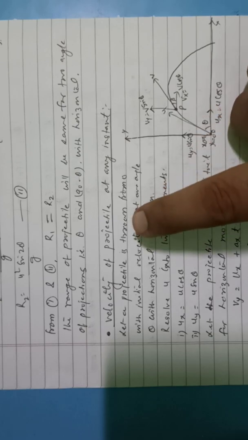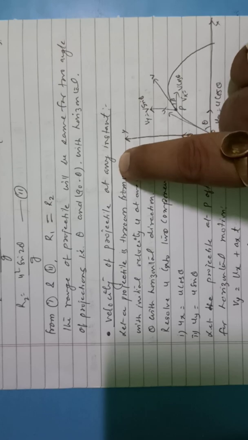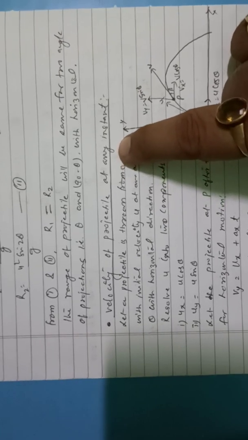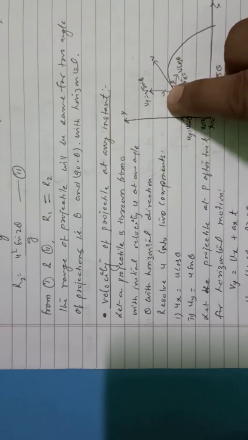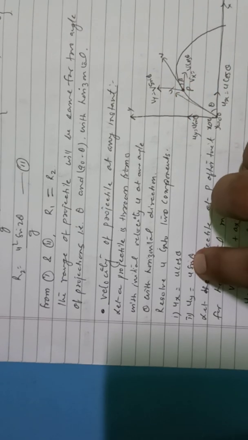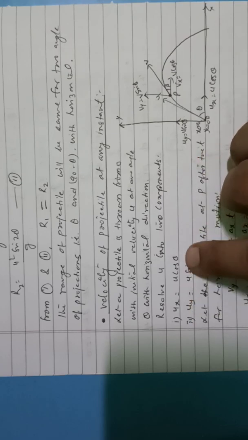The next important point is the velocity of the projectile at any instant of time. When a projectile is thrown at an angle theta with initial velocity u, always we throw with initial velocity u, so resolve u into two components. Along the x-axis, ux is equal to u cos theta.